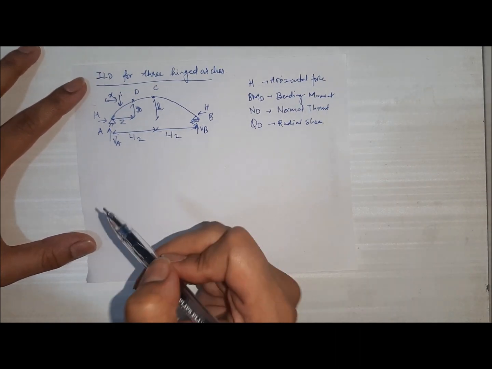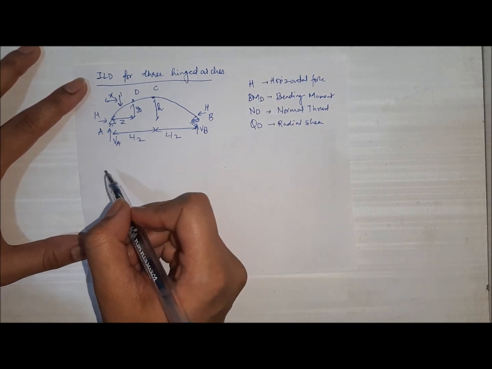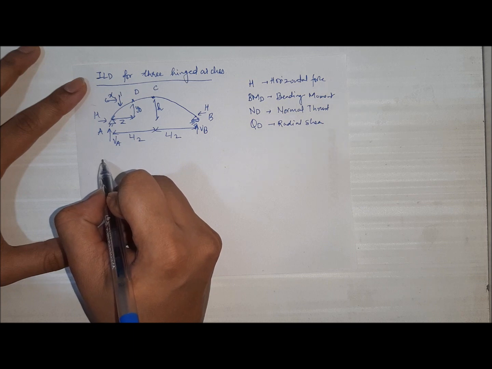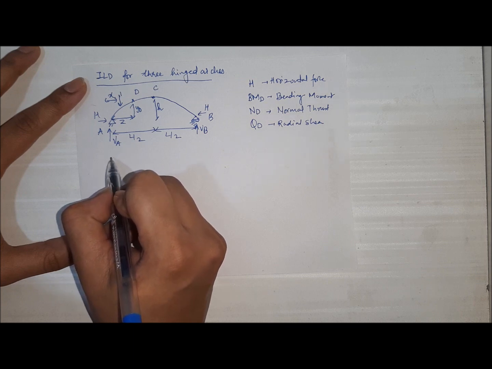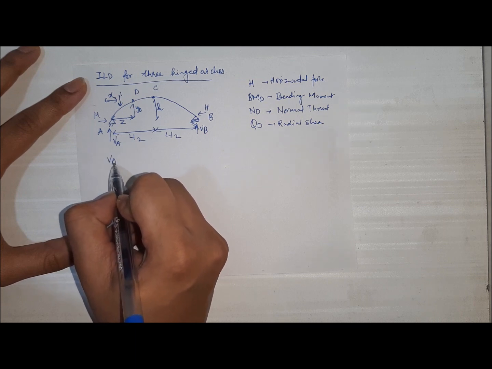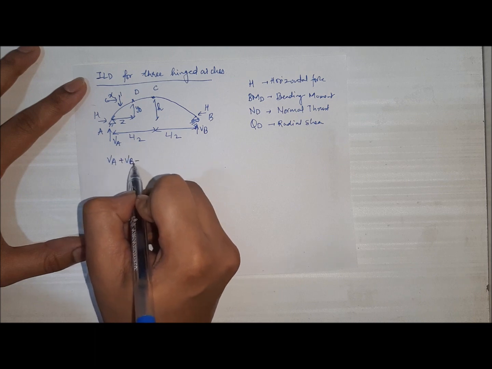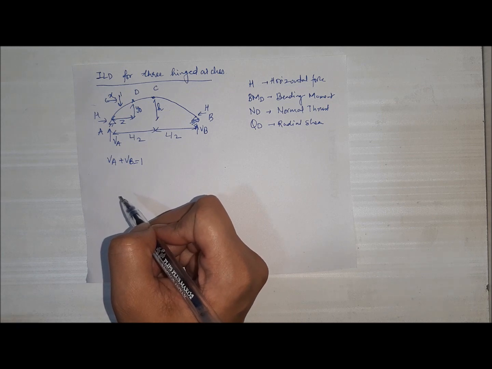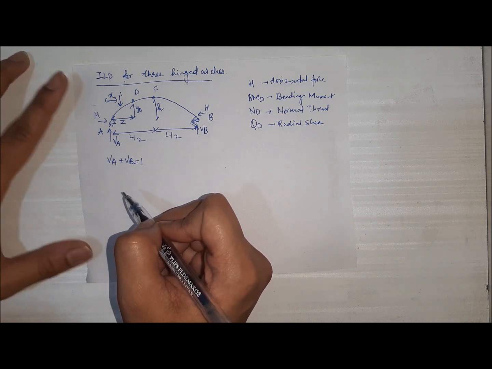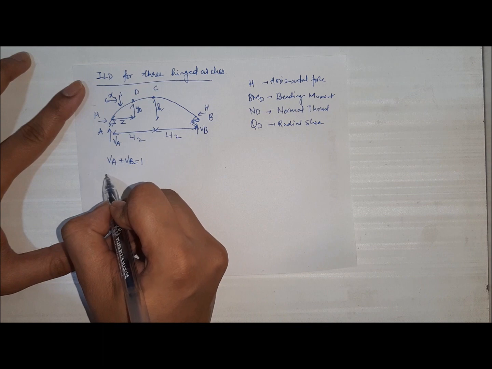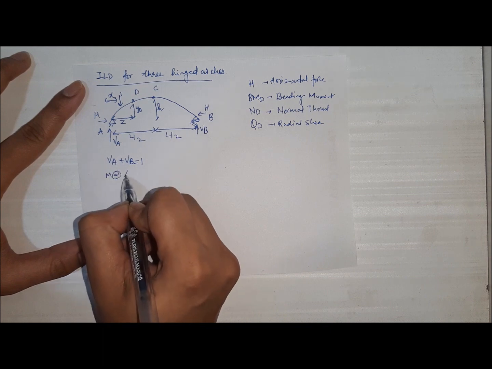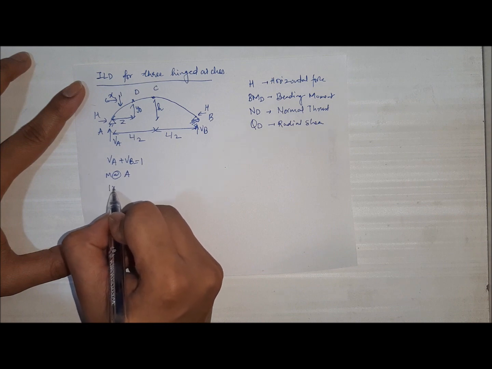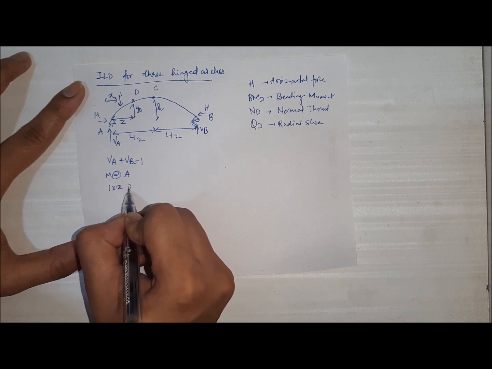Now to start from the horizontal force, first we have to consider ACB as a beam, and in that part what we are supposed to do is VA plus VB equal to 1, because there is only one vertical force to balance this, right? Now we will take moment about point A. So the moment of the unit force 1 into x is in clockwise direction.